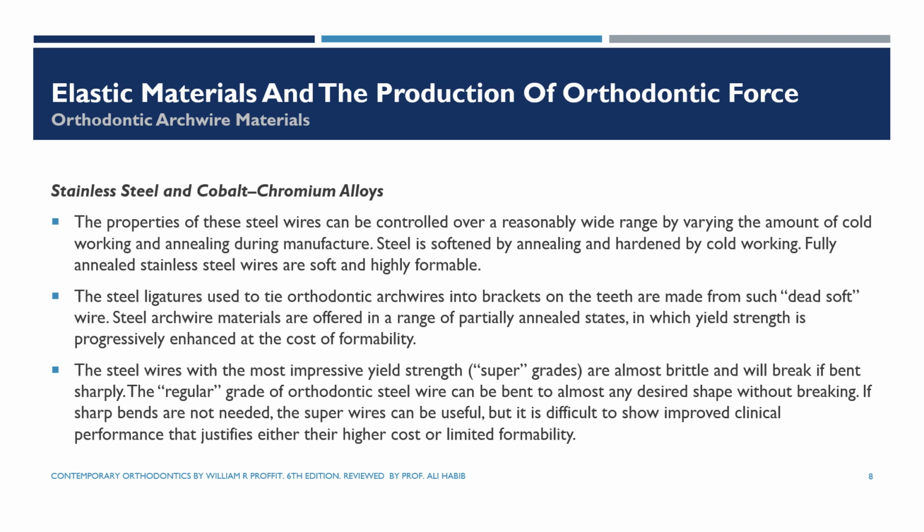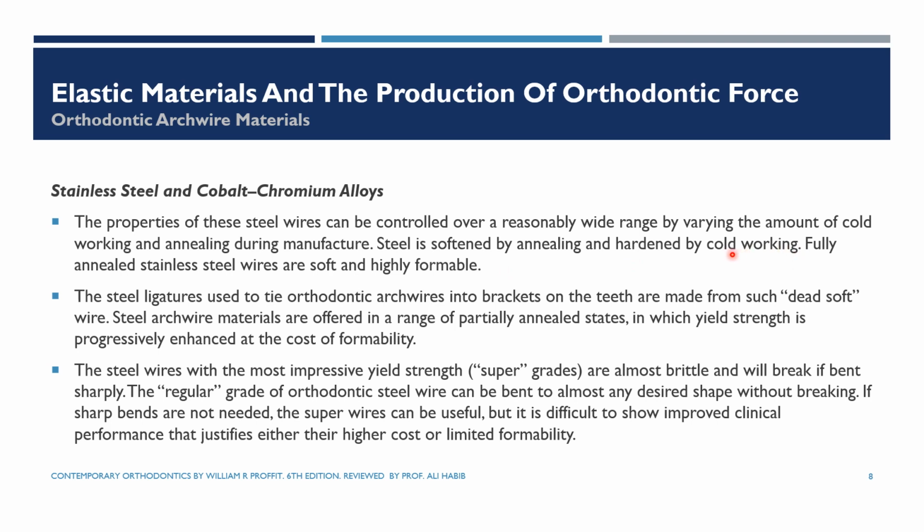So the stainless steel and cobalt chromiums are known to respond and change to heat treatment. They can be hardened by cold working. If you do a lot of bending in the wire, you create stresses in the wire.